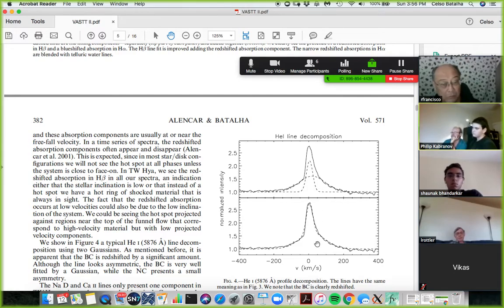Oh, wait a second. It could be that this excess that we think is an excess to the red, a red wing in the narrow component, could be some filling given by the broad component itself. Once you fit the broad component and subtract it out, the remaining narrow component might lose its asymmetric characteristic.